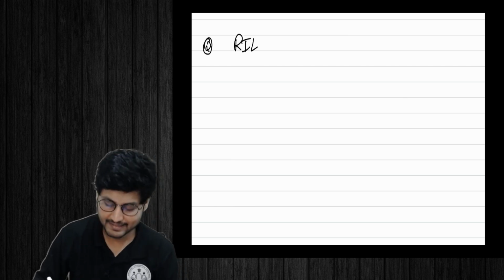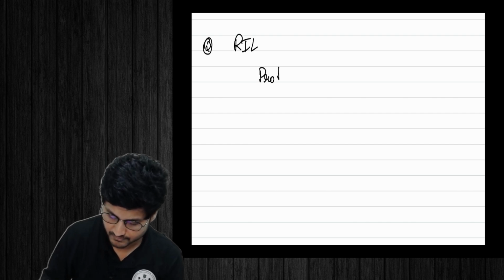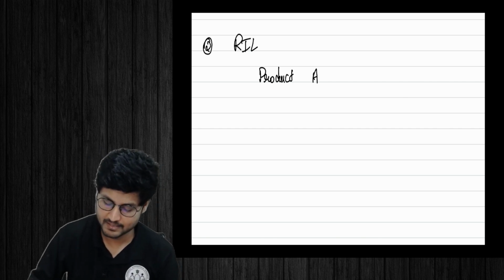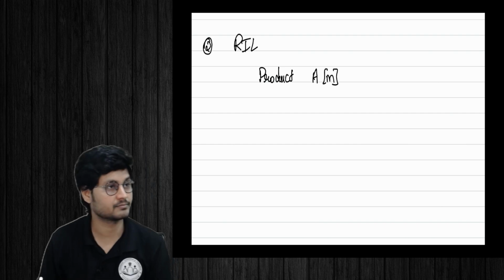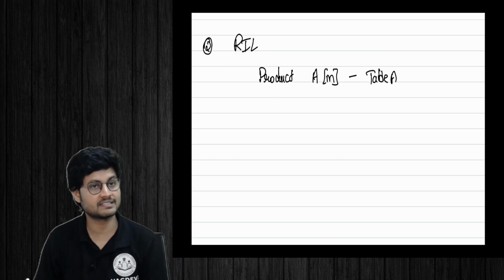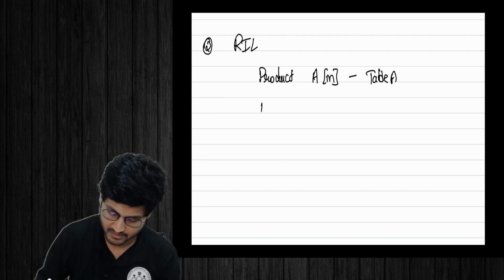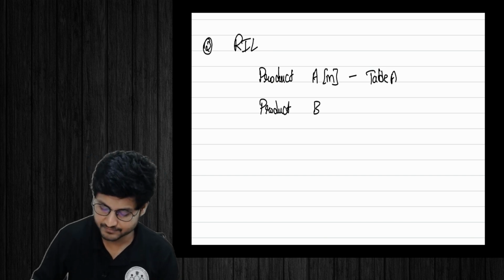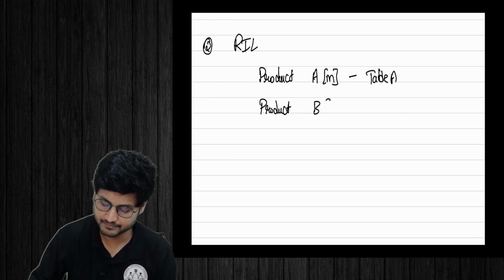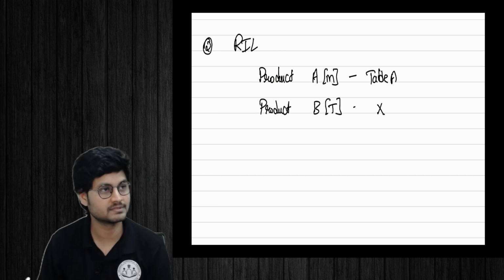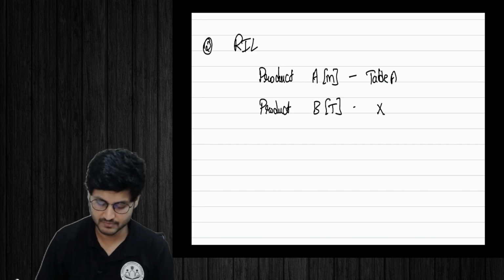RIL deals with, this time, product A manufacture, which is there in table A. Product B is trading, which is not mentioned in any table A or table B.